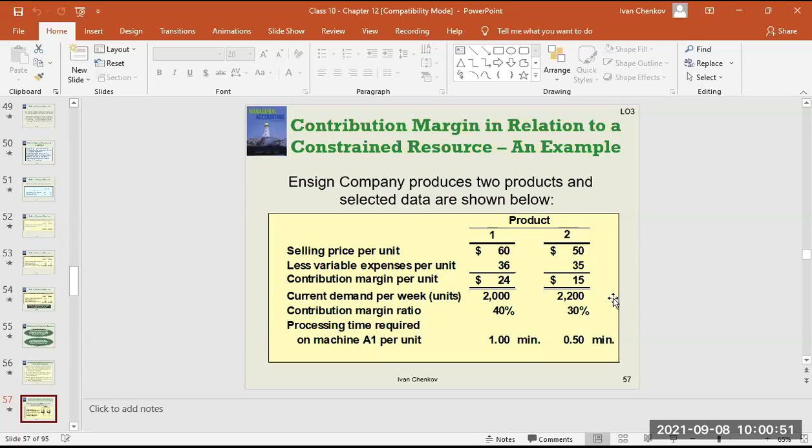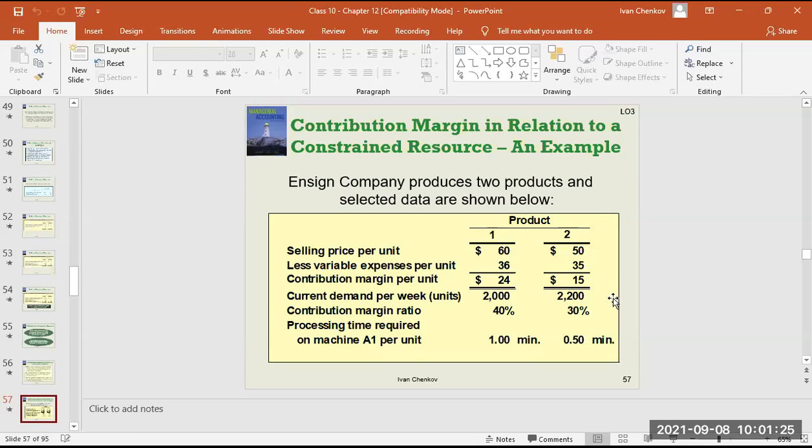But we have a processing time. Processing time is related to the machine that we're using to produce those products. For product one, we need 1 minute to produce one product. For product two, in 1 minute, we can produce 2 products.